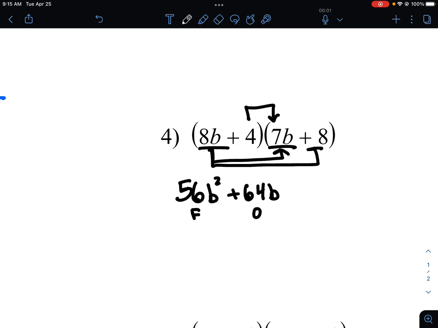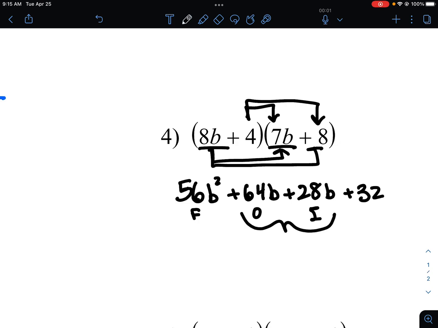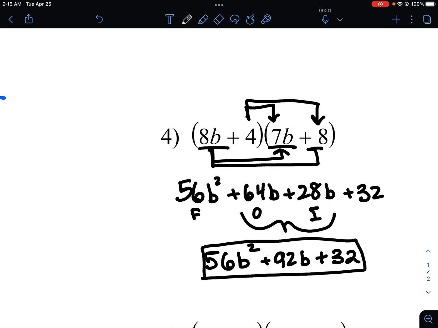Inners. 7 times 4, 28. Don't forget the b. And lasts. 4 times 8 is 32 from there. If we can combine like terms, combine those. So 56b squared. 64 plus 28 is 92b. And plus 32. There you have it.